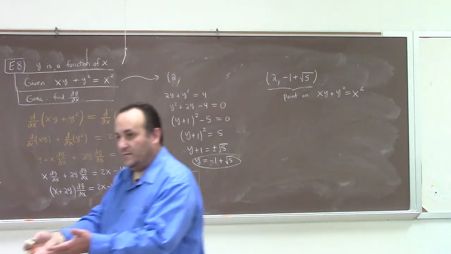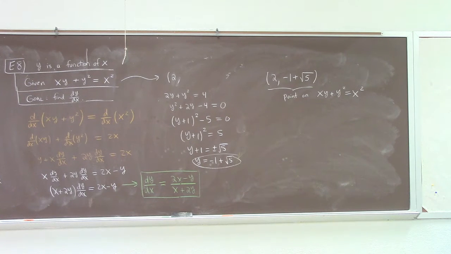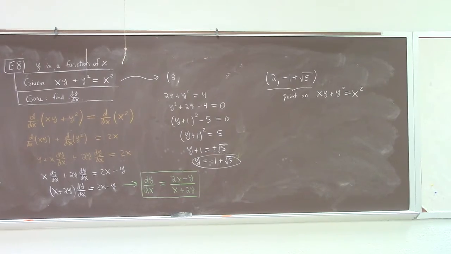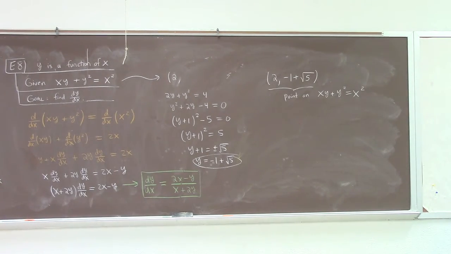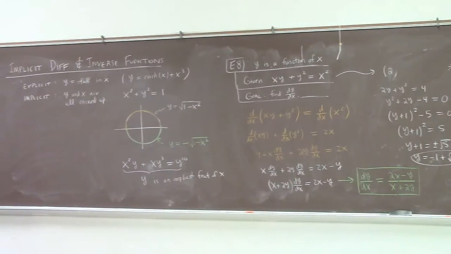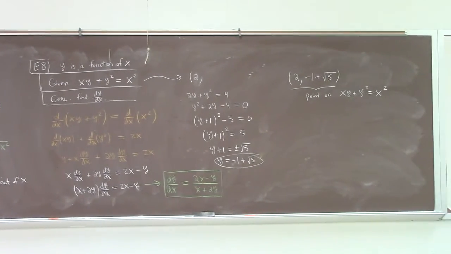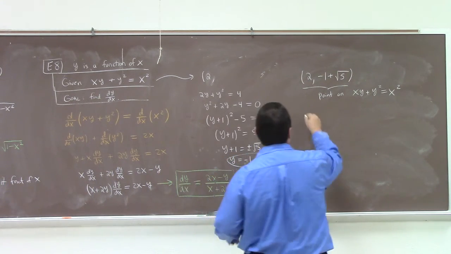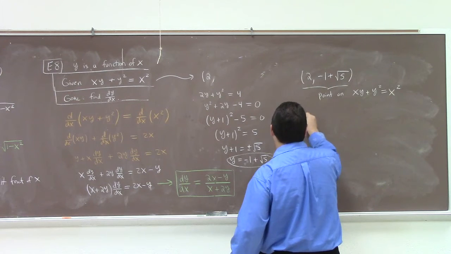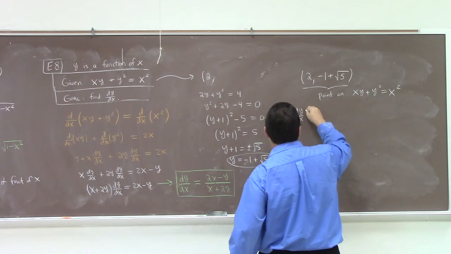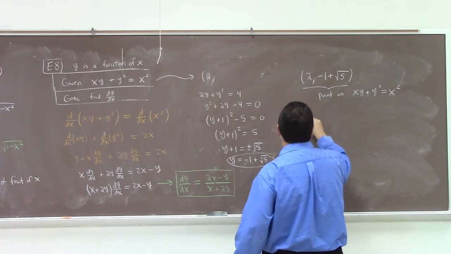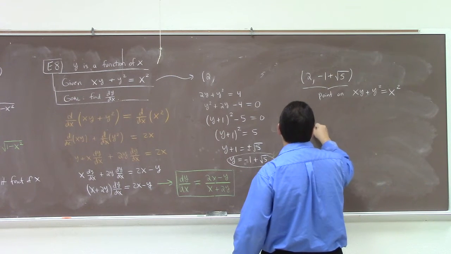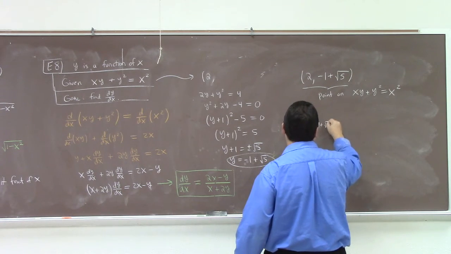I wanted to find that point because I want to show you we can find the equation of the tangent line at that point. How do we do it? Well, that's the point that we're going to find the tangent line through, right? What's the slope of the tangent line? Well, it's dy/dx, and we just have to evaluate at the point 2, minus 1 plus root 5, right?